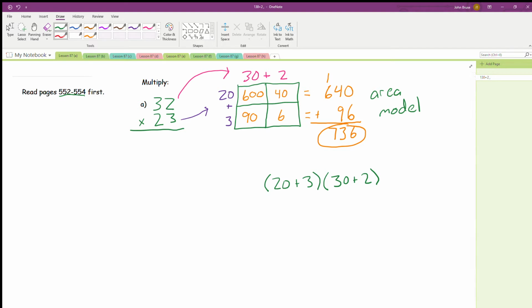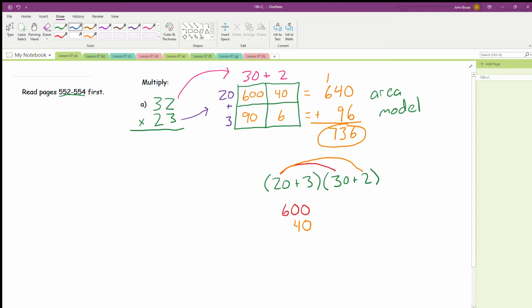So we're going to start with the color red. Red, we're going to multiply 20 times 30. So 20 times 30 is 600. And then we're going to go with orange for the rainbow. So then we're going to take 20 times 2, which is 40. And then we're going to go with blue.